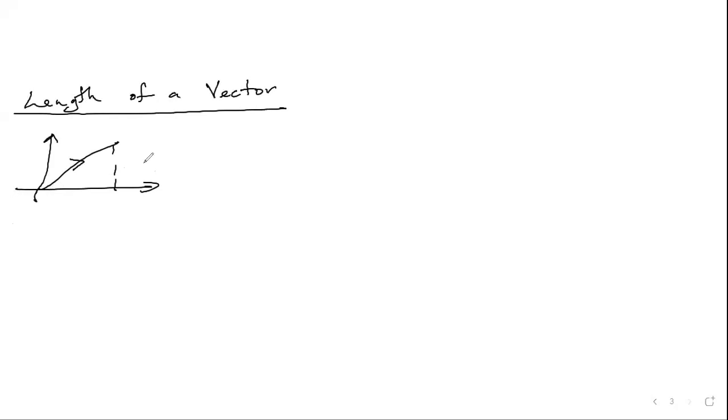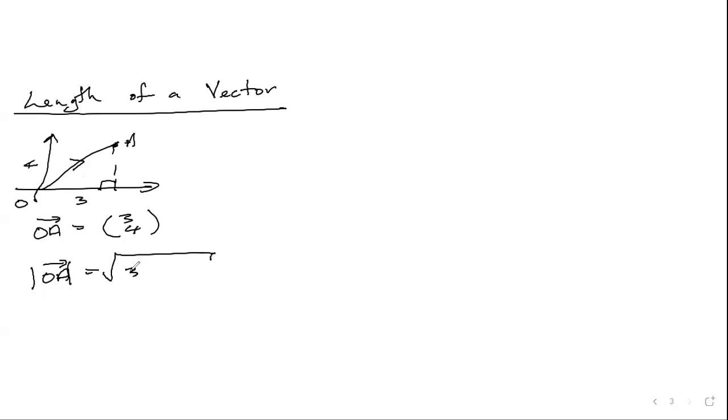Let's call the vector OA, and let's say this is 3 and this is 4. So OA is 3, 4. Then the length of OA by Pythagoras theorem, in a right angle triangle, is 3 squared plus 4 squared, and that's 5. The modulus sign indicates length.